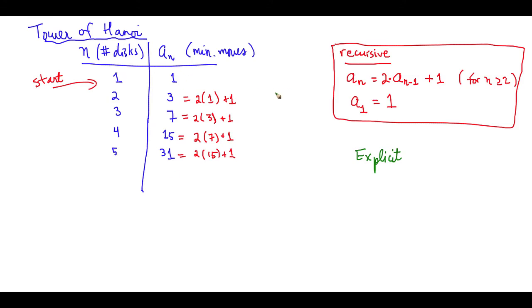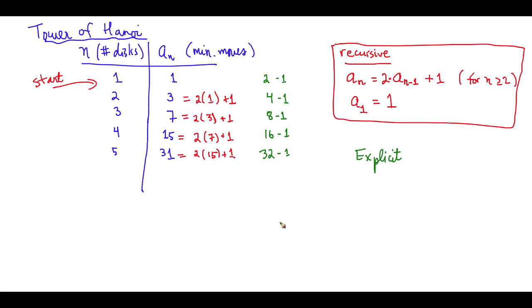So 3 is really close to 4. 3 is really just 4 minus 1. 7 here is really just 8 minus 1. 15 is 16 minus 1. And 31 is really just 32 minus 1. And 1 is, well, 2 minus 1.